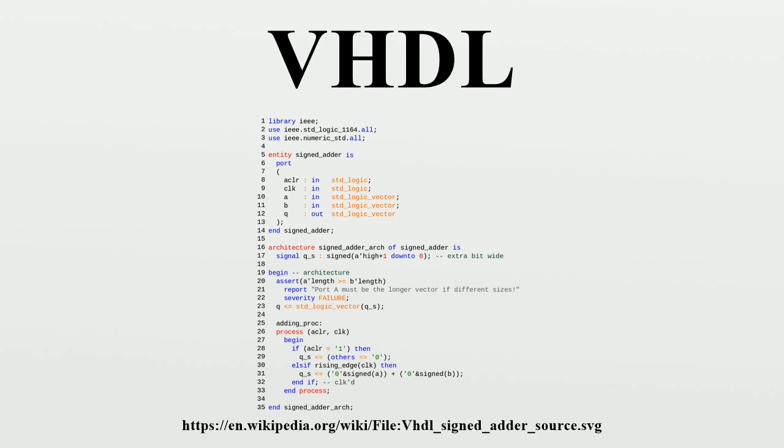IEEE 1076.6 defines a subset of the language that is considered the official synthesis subset. It is generally considered a best practice to write very idiomatic code for synthesis, as results can be incorrect or suboptimal for non-standard constructs.